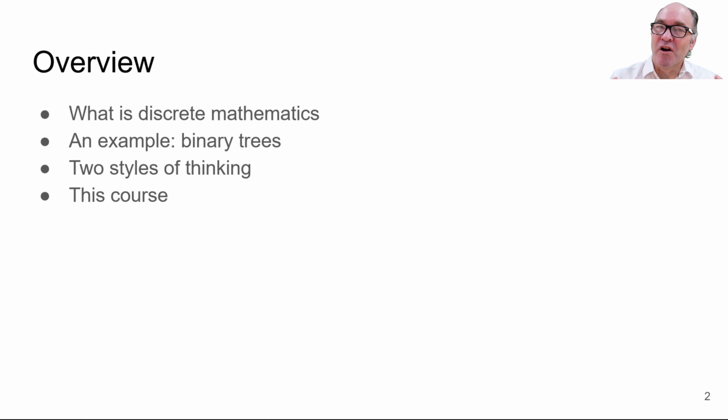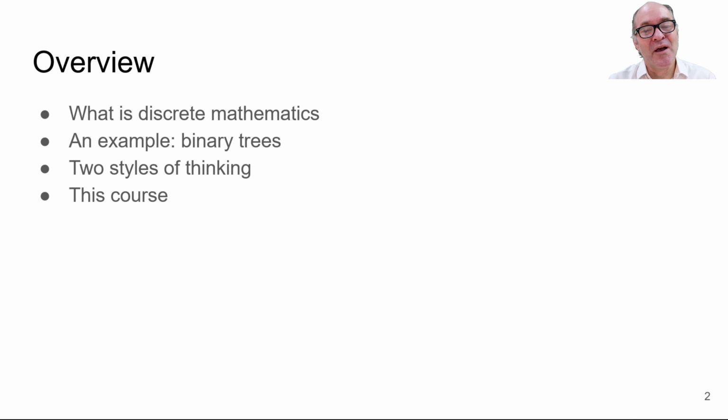Then I'll turn to the broader context of computer science and compare and contrast two styles of thinking and two styles of computing, really. The first is based in discrete mathematics and logic, and the second is based in deep neural network computing, which is at the core of contemporary artificial intelligence and which is responsible for major advances in our field over the last 10 years or so.